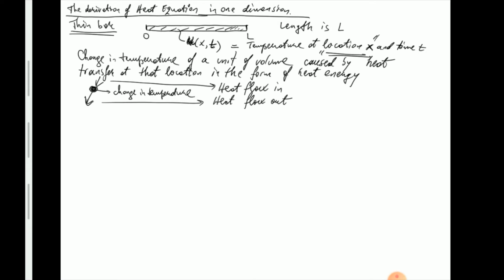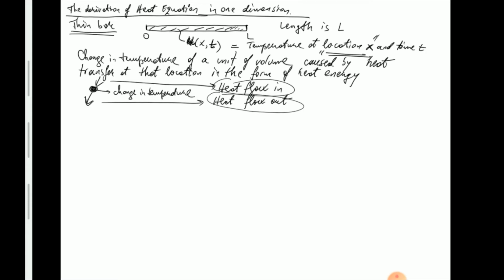Imagine this tiny point as a closed unit of volume that allows the heat energy to penetrate, so it can gain heat energy from the exterior and it can lose heat energy to the exterior. The difference between the two will result in the change in temperature up or down, depending on whether the heat flow in is greater than the heat flow out.